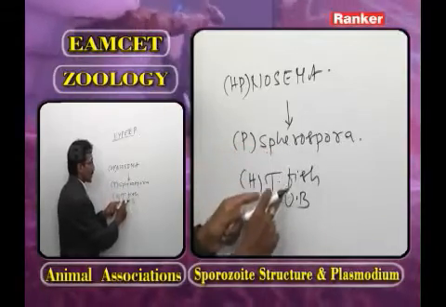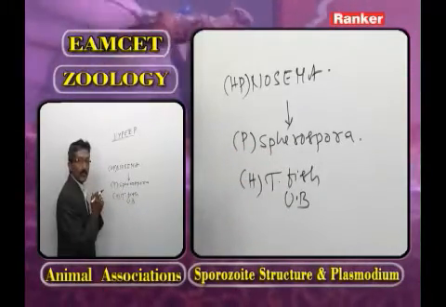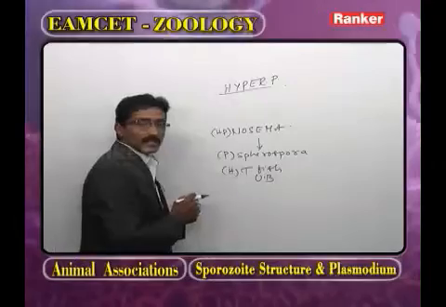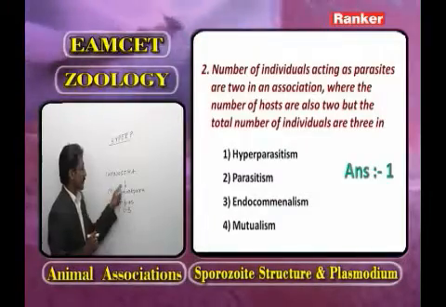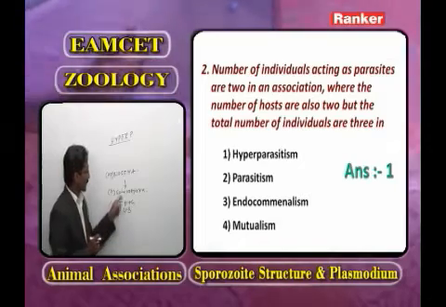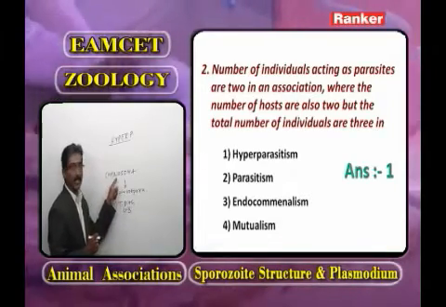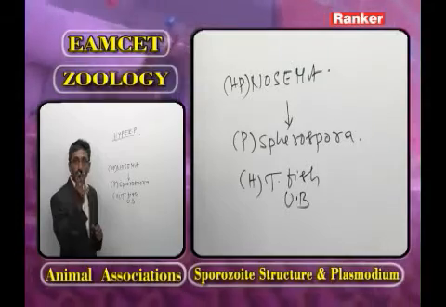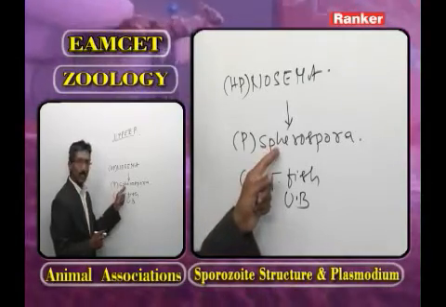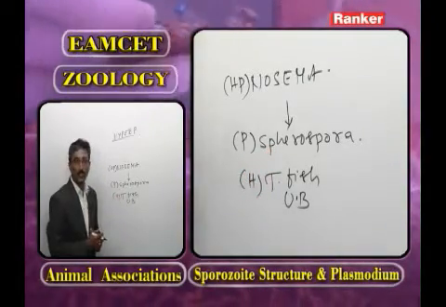What is the host of Spirospora? The toadfish. So regarding this question, the individuals acting as parasites are Spirospora and Nosema; one is a parasite, one is a hyperparasite. Their number is 2. The number of hosts is 2: one is Spirospora, the second is the toadfish.